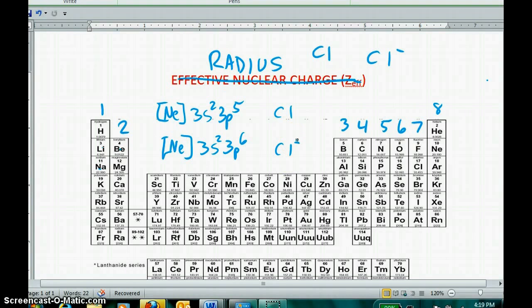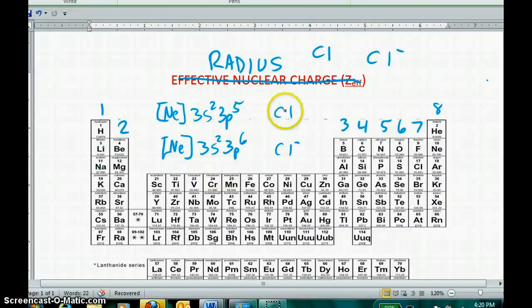And so, of course, if I went through my list of considerations, first consideration, valence level. Both atoms have the identical valence level, n = 3. That's not going to help me determine who has a larger radius. So then I consider the effective charge. Well, both chlorine and chloride have an effective charge over their valence electrons of +7.